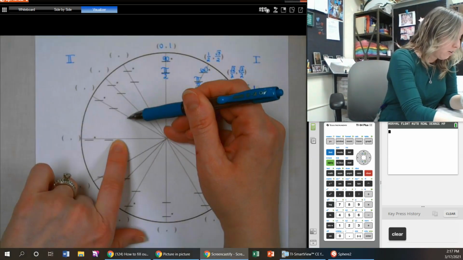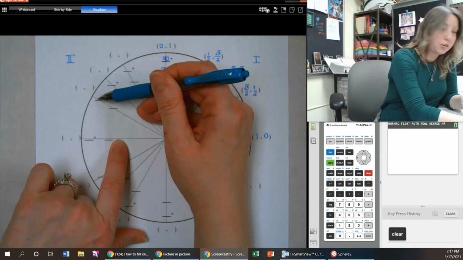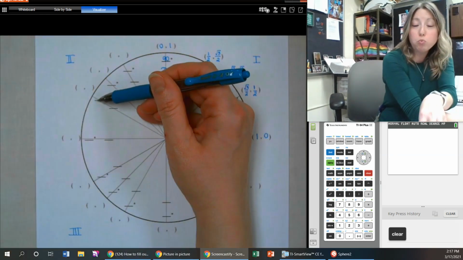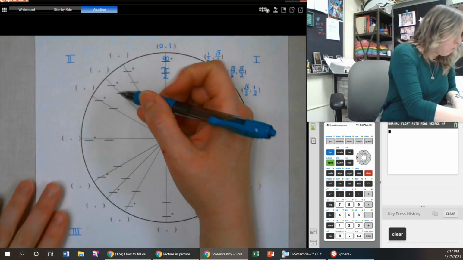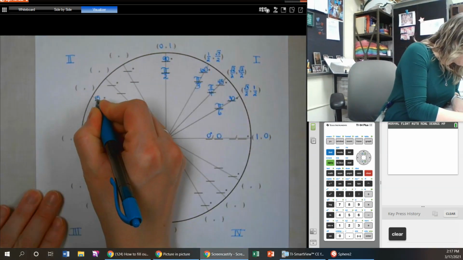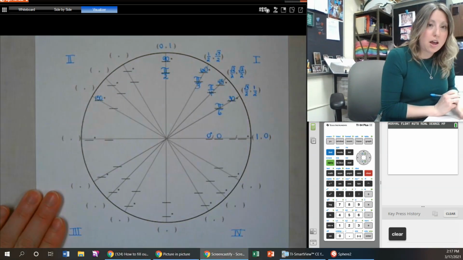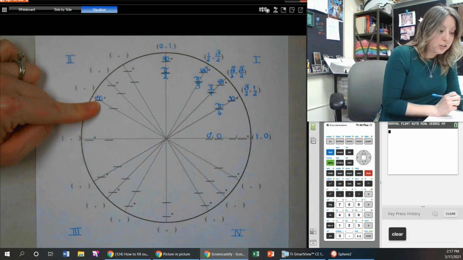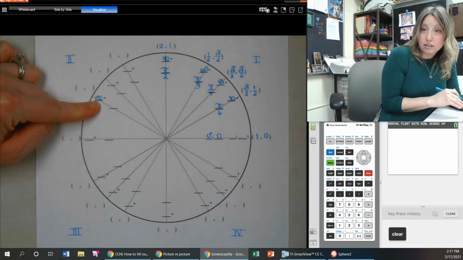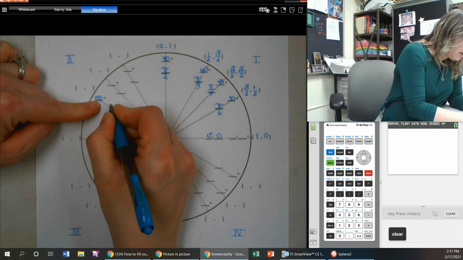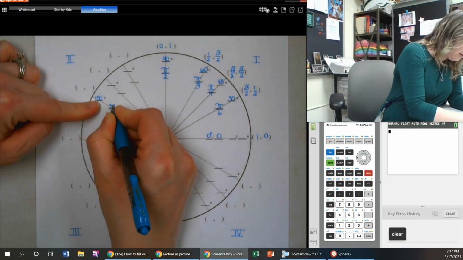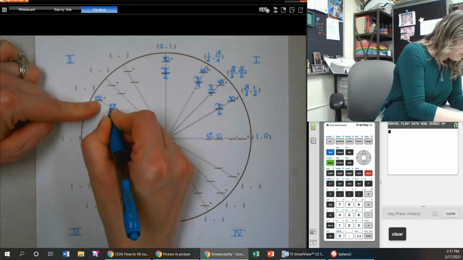This is the reference angle. That's this guy. This is the 30-degree reference angle. So what's 180 minus 30? Well, this is 150 degrees right here. And 150 degrees in radians is 5 pi over 6.